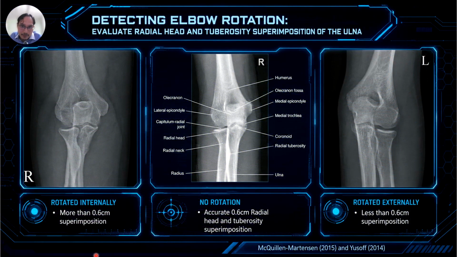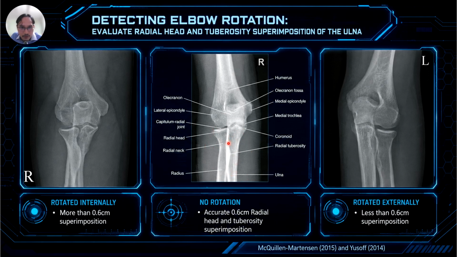This can be determined by examining the degree of superimposition between the radial head, radial tuberosity, and the proximal ulna. Before detecting the rotation, we need to know the criteria of no rotation of elbow, which is accurate 0.6 of radial head and tuberosity superimposition.